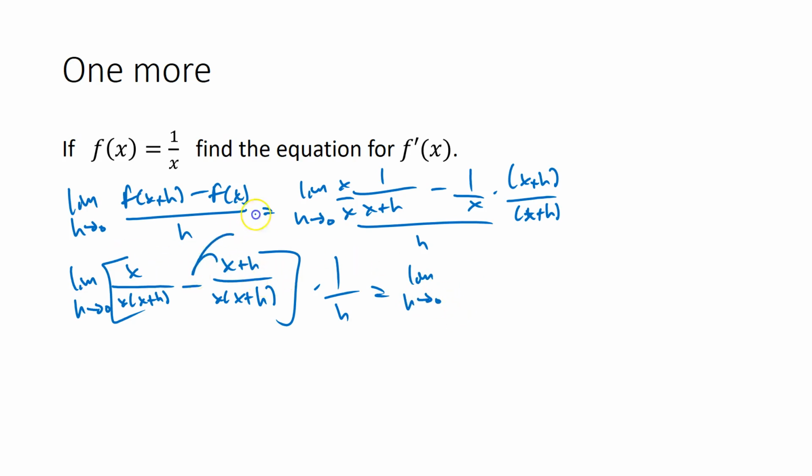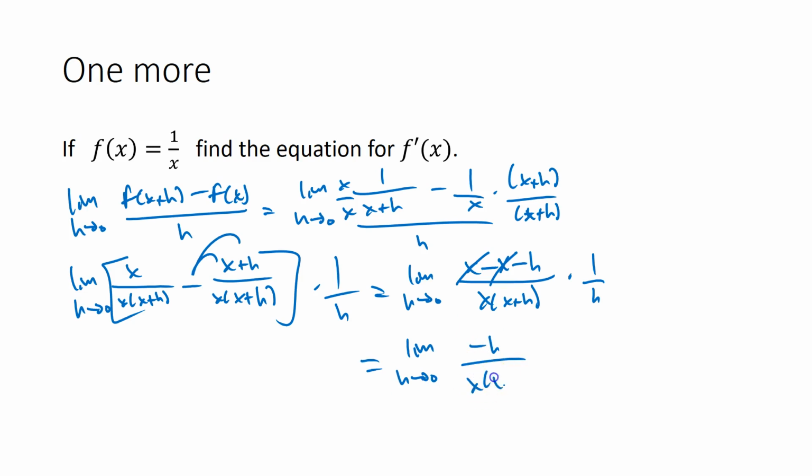Remember, this negative distributes to both of these. So we have x minus x minus h, divided by x times x plus h times 1 over h. The x's go away. What am I left with on the top? Negative h. Do not drop that negative sign. Limit as h approaches 0, negative h over x times x plus h times 1 over h. The h's cancel. That's the magic step.